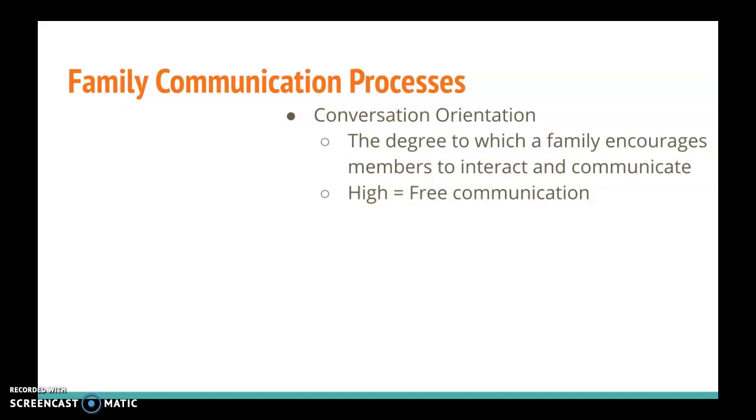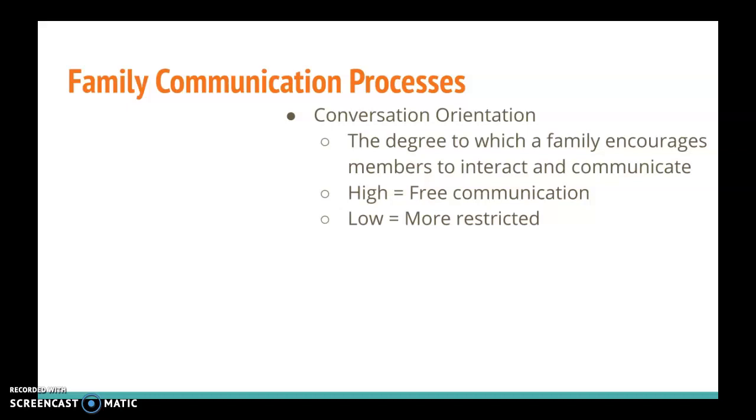On the other hand, if a family is low in conversation orientation, the families don't interact with each other as often, and topics of conversation are much more restricted. In other words, some thoughts are considered to be private within these families and are simply not discussed.